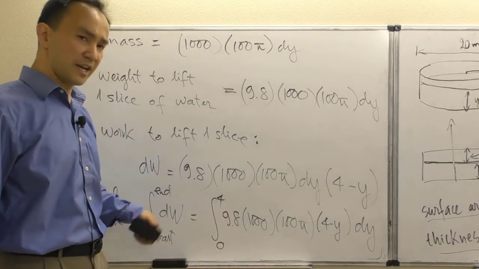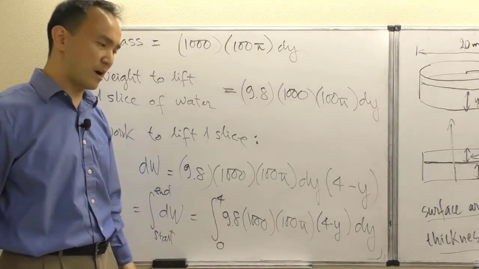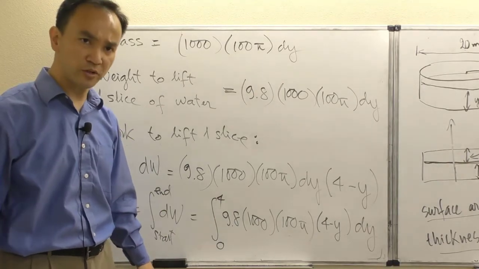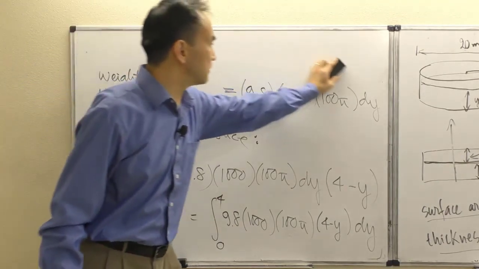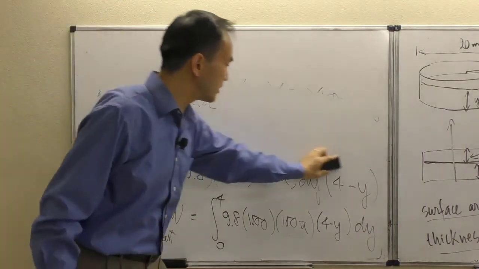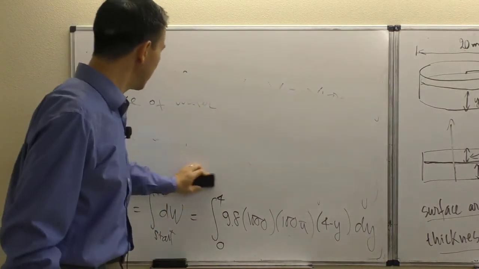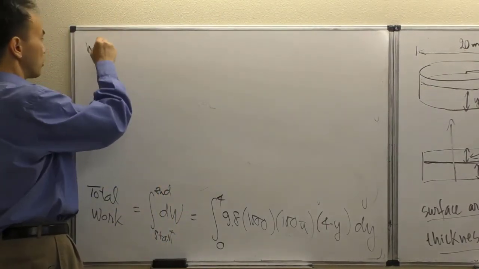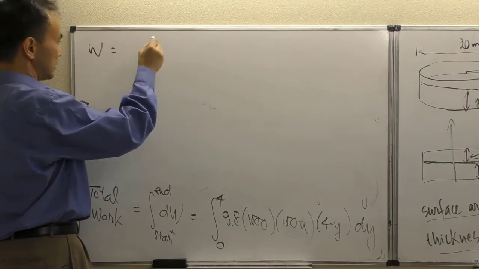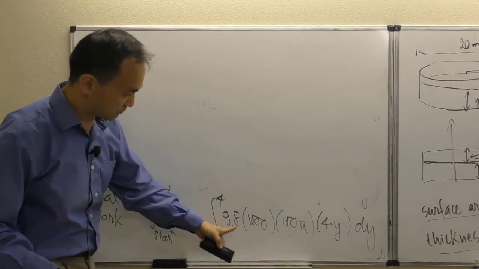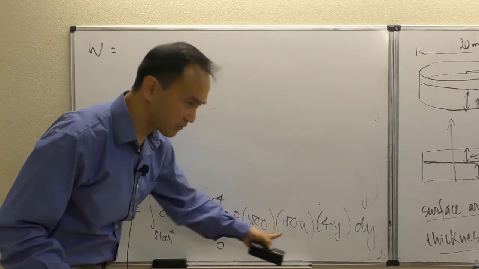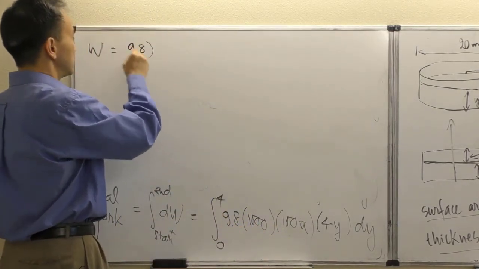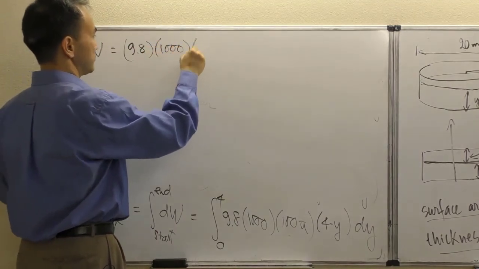Of course, I am going to use the fundamental theorem of calculus. In case you haven't been familiar with what the fundamental theorem of calculus is, make sure you review that. I'm going to erase this information and use this side of the board to continue working on my integral problem. So total work W equals, and now I can write all of that as one lengthy coefficient: 9.8 times 1,000 times 100 pi.